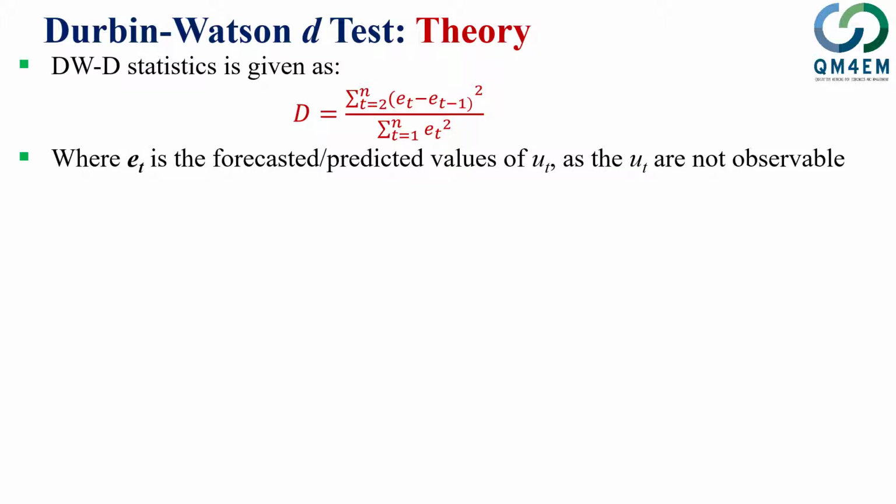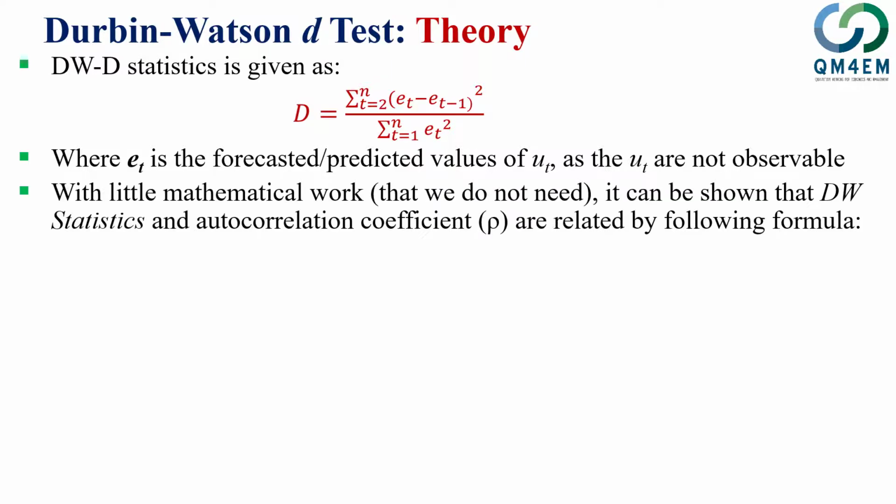One more thing, this D statistic and the autocorrelation coefficient also have a relationship, and there is some mathematical work involved, and again we don't need that, but we need to know that there is a relation between the Durbin-Watson D statistic and the autocorrelation coefficient rho, and that relationship could be written as DW is equal to 2 into 1 minus rho.